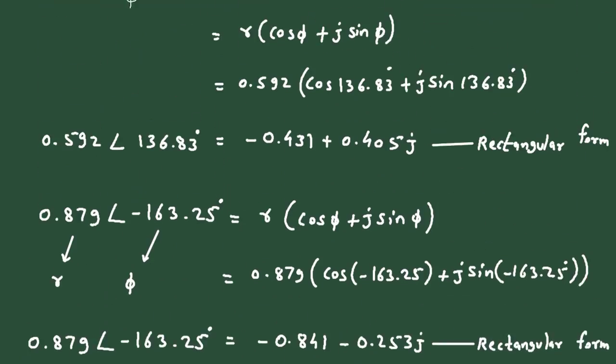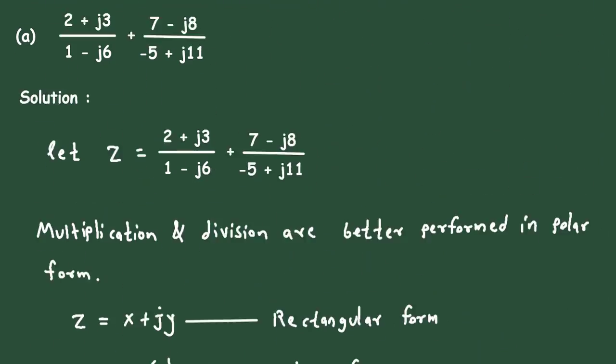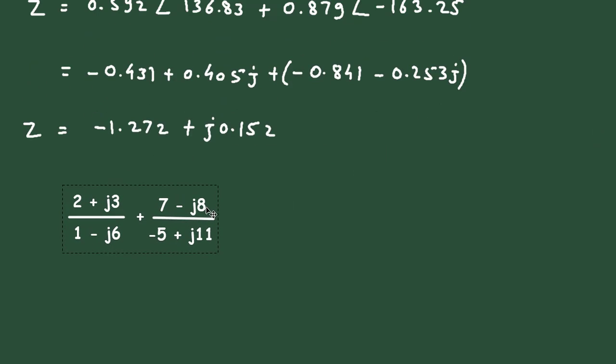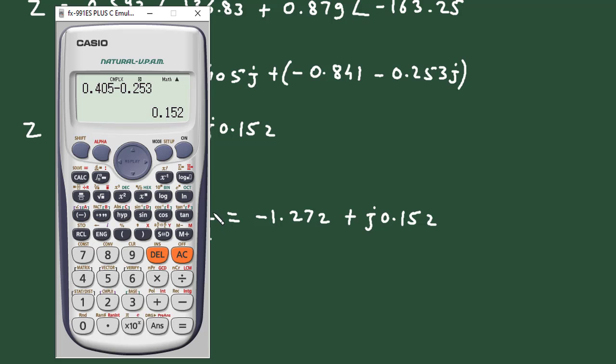So we can write z is equal to this value. We can also convert this into its equivalent polar form. First, let's verify our answer in the calculator.